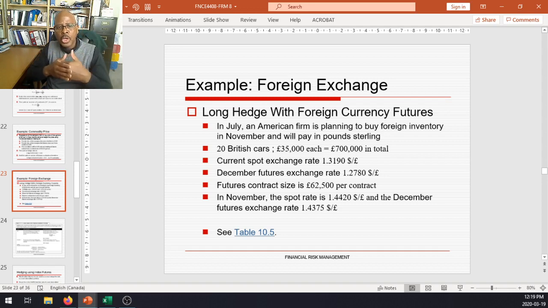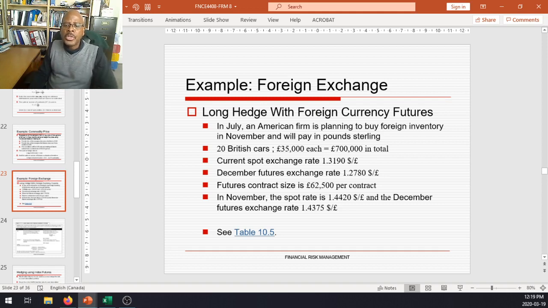Recall that we said you would always enter into futures contracts with the maturity after the spot position that you are trying to hedge, and as close to it as possible, but after. If you can get it exactly on that day, you would. It's always safer to go a little bit after, because sometimes you may end up closing out your spot position unexpectedly. And then if you picked a particular day, you may end up being unhedged for a while.